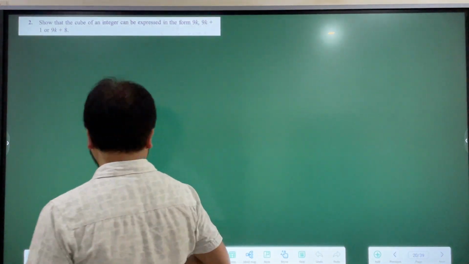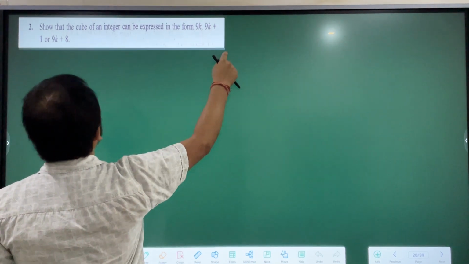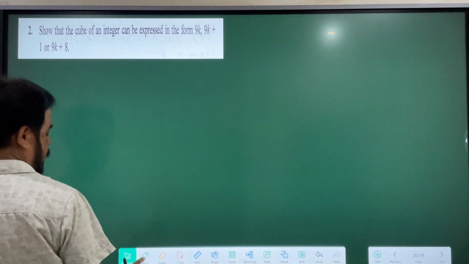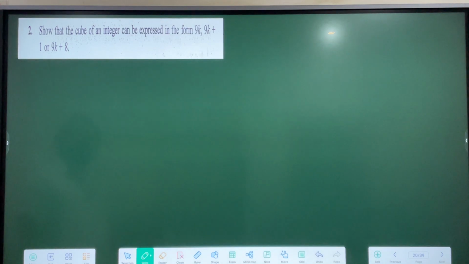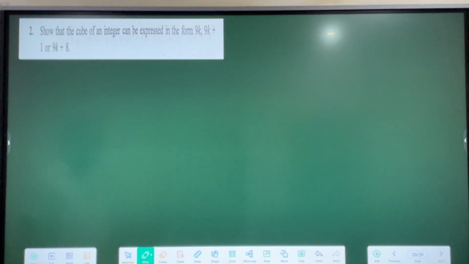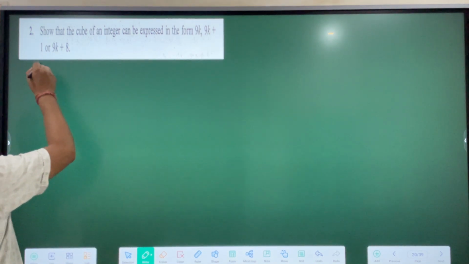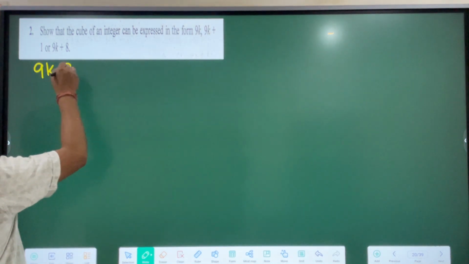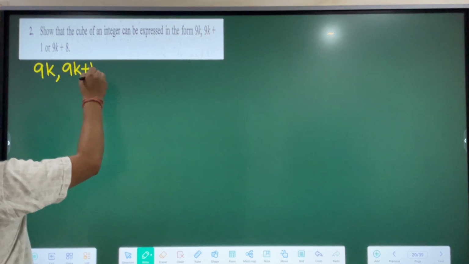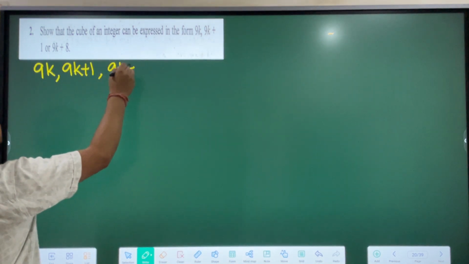Number 2. Show that the cube of an integer can be expressed in the form 9k, 9k plus 1 or 9k plus 8.